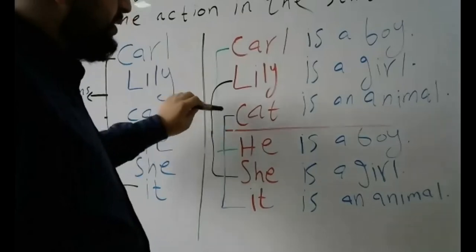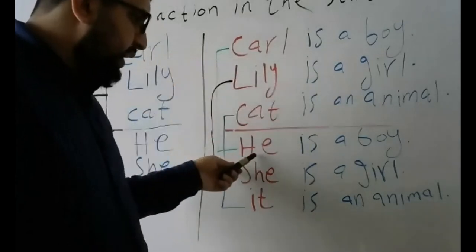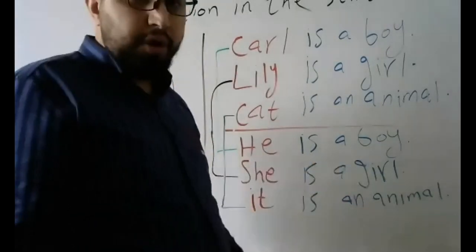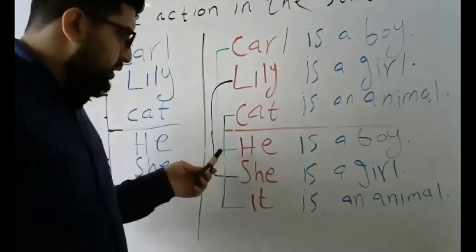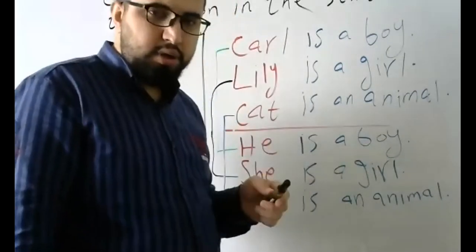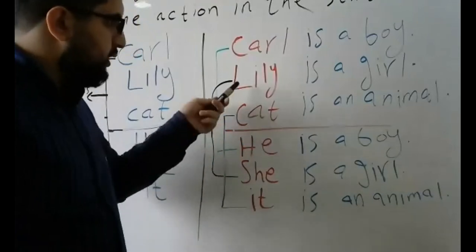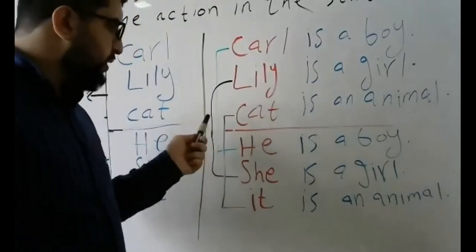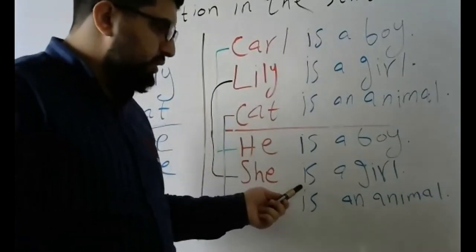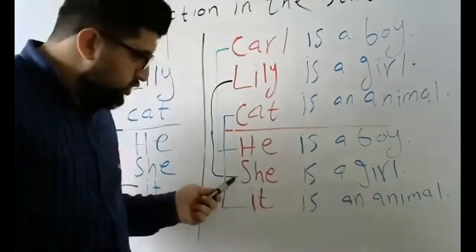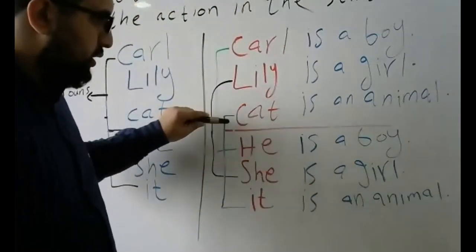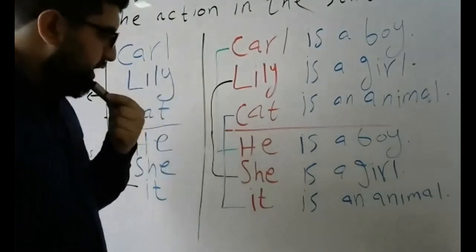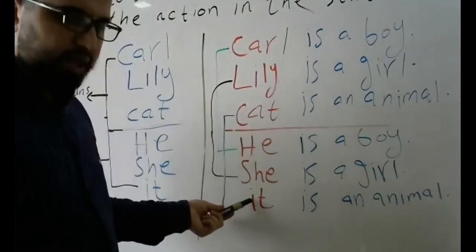Carl, instead of saying Carl, we can say he is a boy. He is an engineer, okay? He is a doctor. Instead of saying Lily, we can say she is a girl. She is a doctor, okay? Instead of saying cat, we can say it.